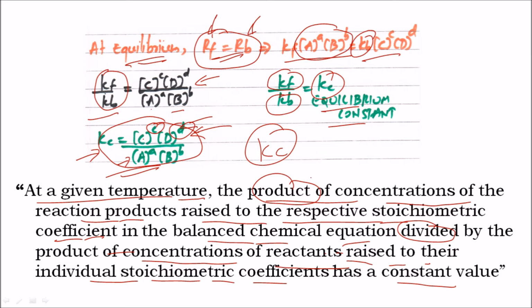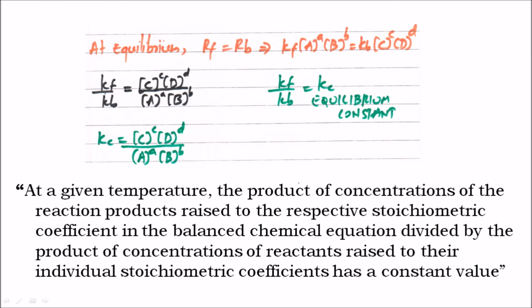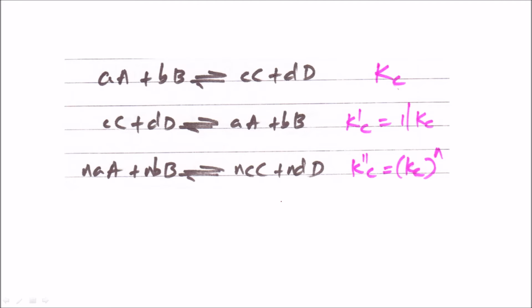Once you learn this, next we have a few equations on how to get the equilibrium constant for a few reactions. First I have taken a general reaction: a moles of A and b moles of B giving c moles of C and d moles of D. Say the equilibrium constant for this reaction is Kc.